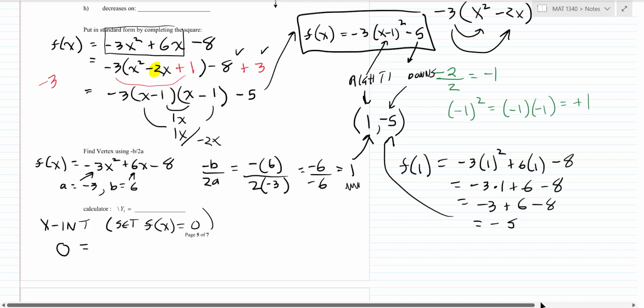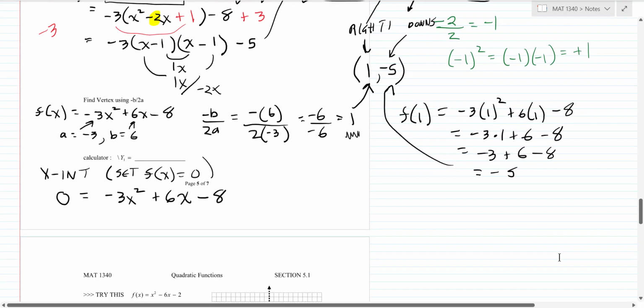Replace f of x with 0. Now what we need to do on this is either go to the quadratic formula or factor it. It's really your decision on what you do on that one. This one, either way is okay. All right, let's just go to the quadratic formula on this one also.